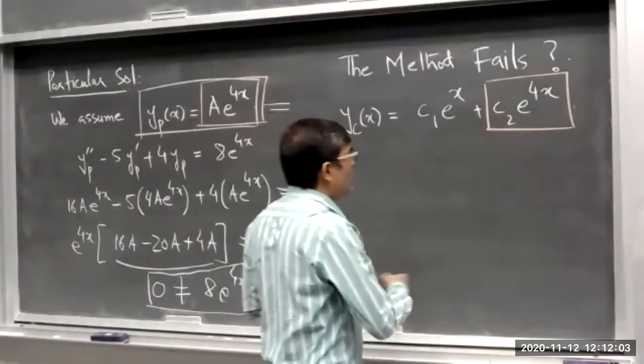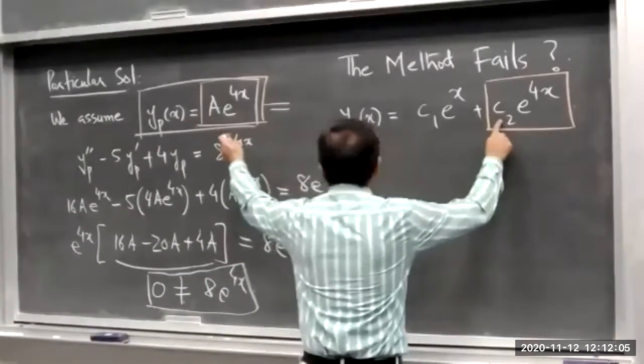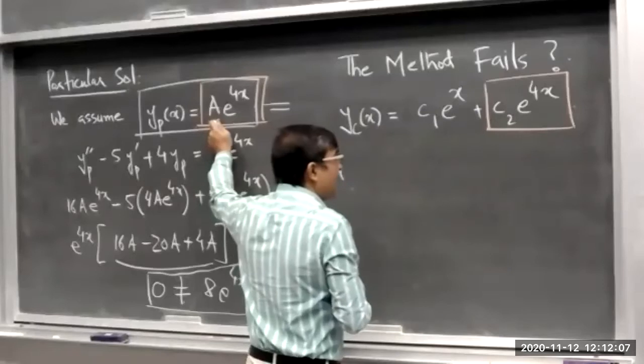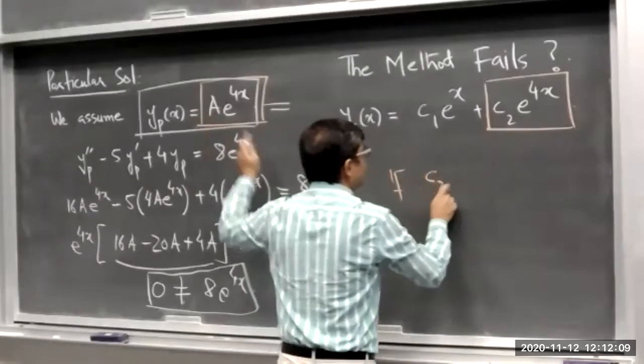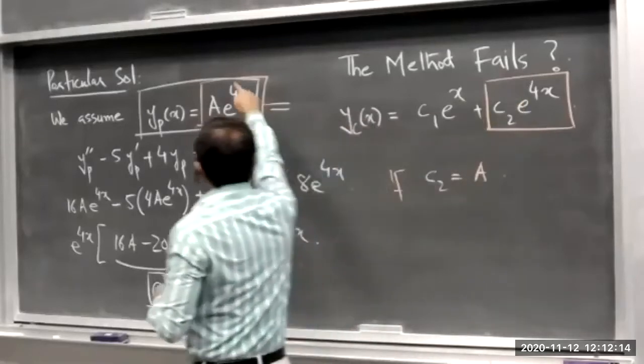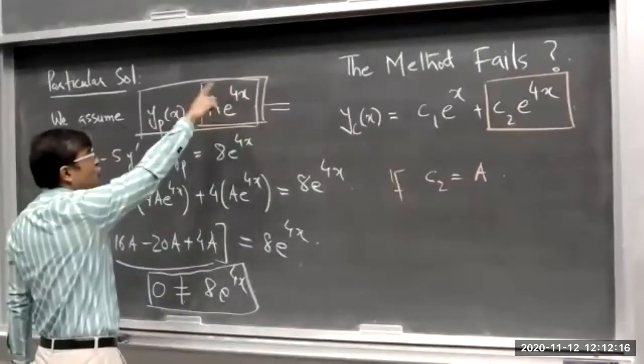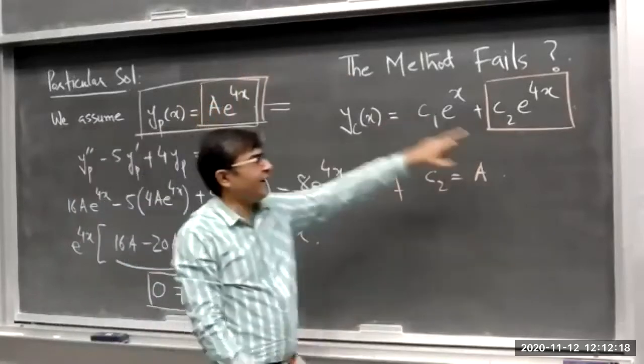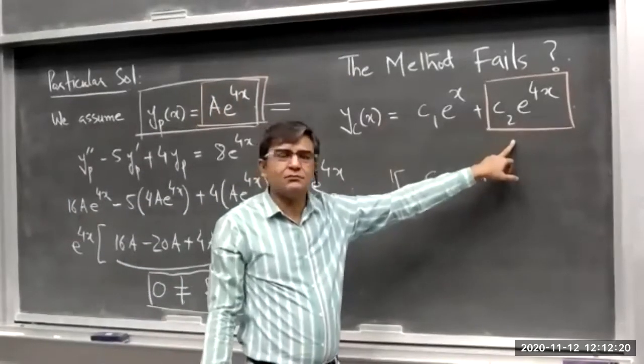If they are equal, if c2 is equal to a, then this particular solution which we have assumed is already there in the complementary function.